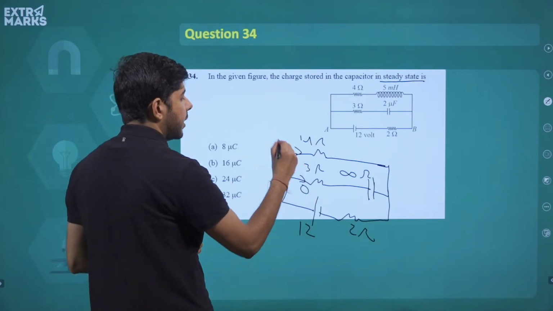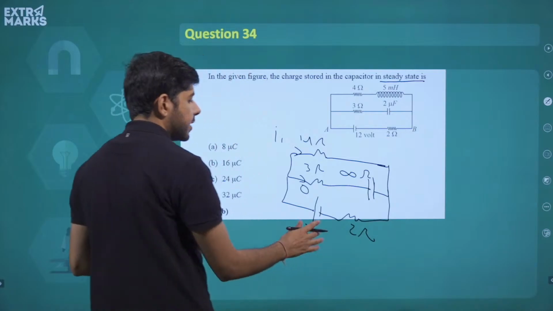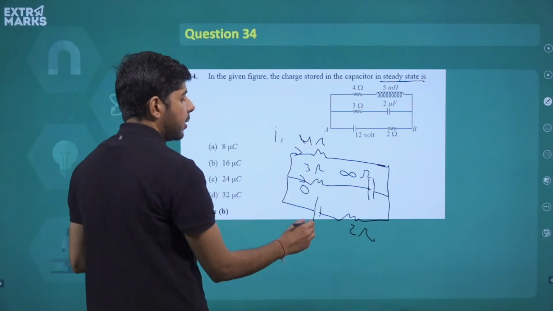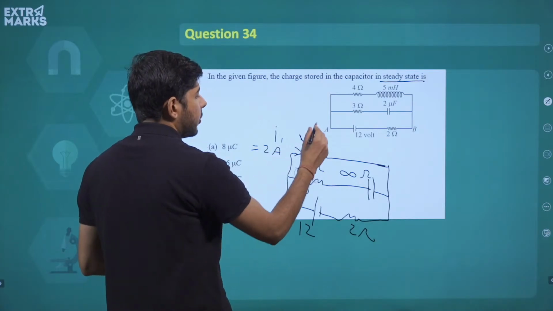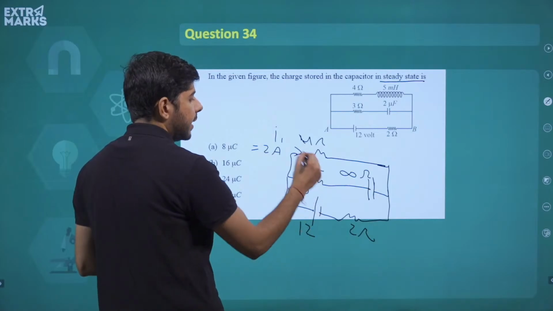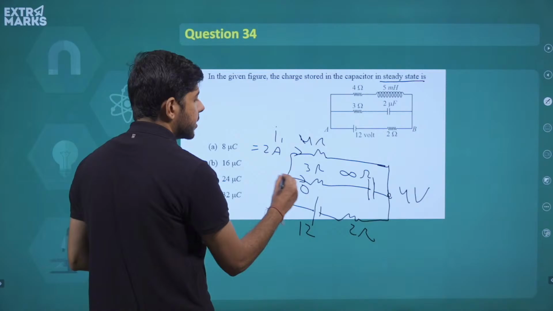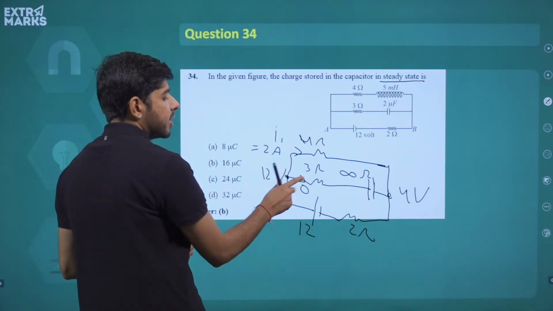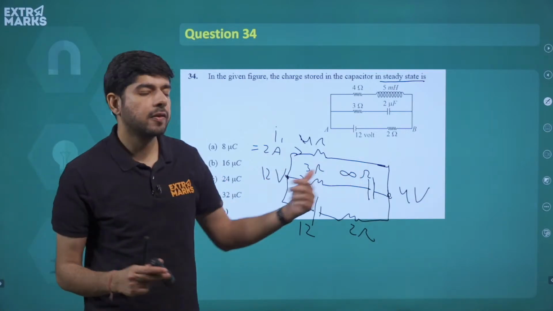There will be current, let's say I, in the circuit. So what is this current? 12 by 6, that is 2 ampere current will flow. So 2 ampere, what is the potential drop across this? IR, 8 volt. So out of 12, 8 this has absorbed. So what is the potential here? 4 volt. And what is the potential here? 12 volt. So what is the potential difference across the 3 ohm or the capacitor? 12 minus 4, 8 volt.